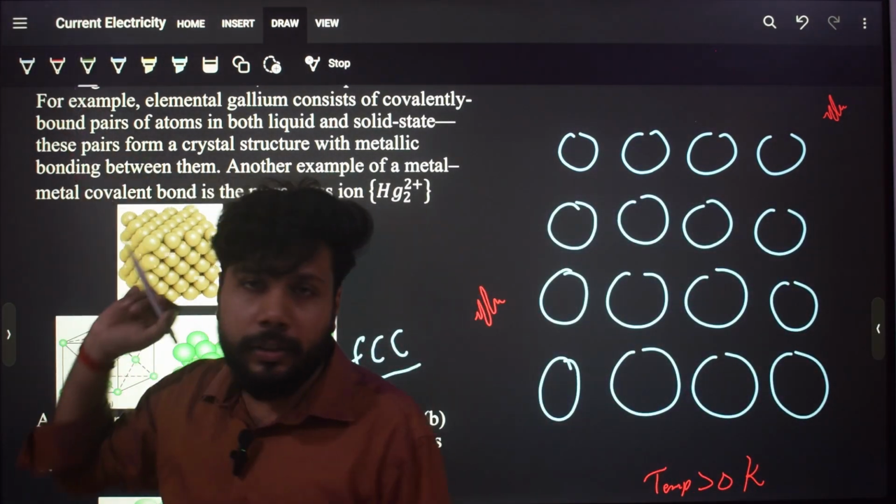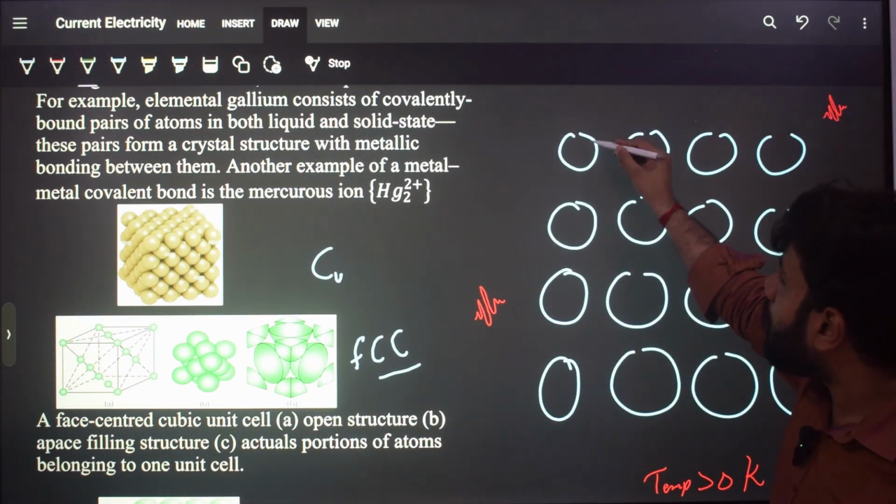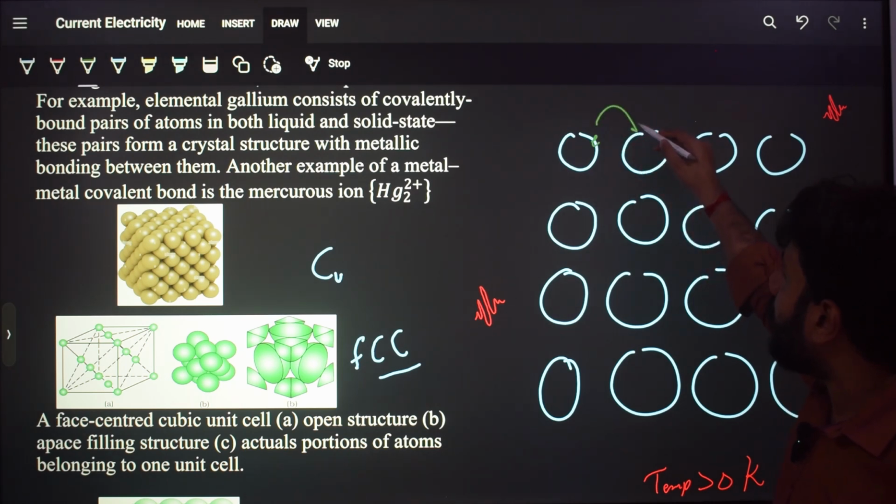So what happens here actually in the lattice of metal, some electrons get excited and jump to another atom and form cation and anion.